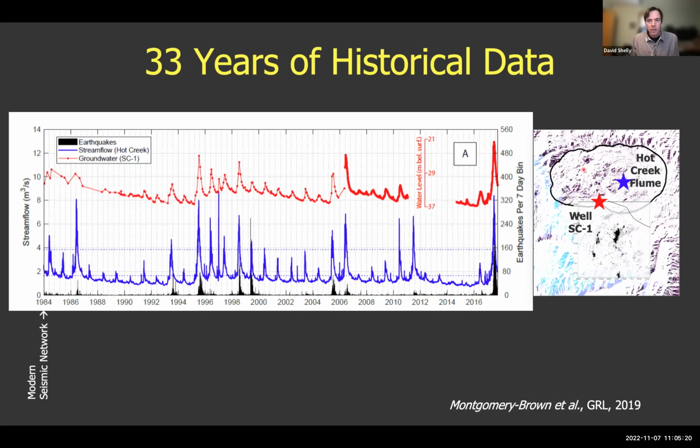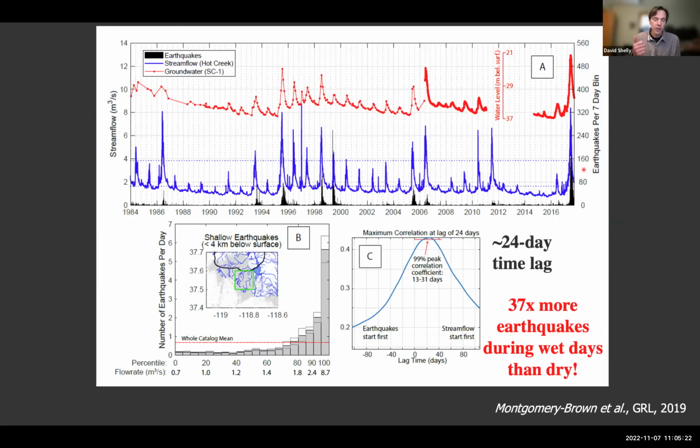So this is starting to look a lot more convincing. We have this 2017 earthquake swarm that's very shallow that migrates downward with depth. We look back in time, we see that this pattern has repeated itself. But we wanted to look at it even in a little bit more systematic way.